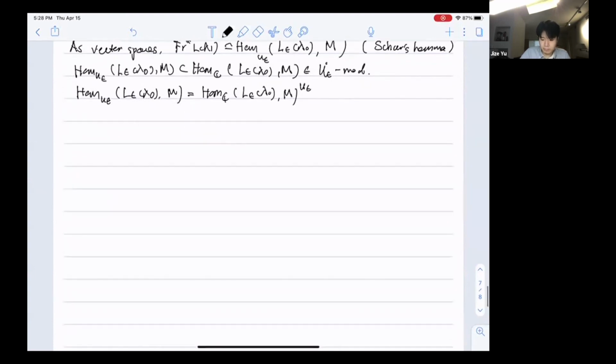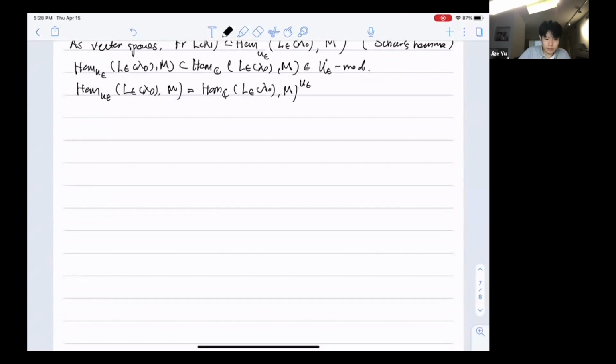Right, which is the set of all elements f such that z f equals the counit of z times f, where this is the counit of this u_epsilon.